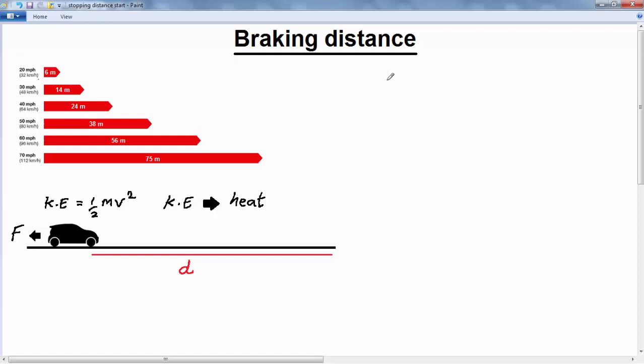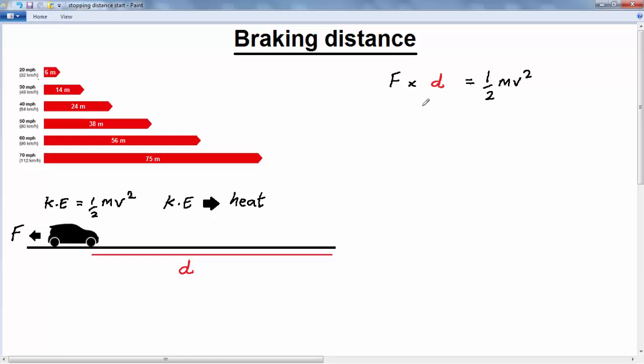You remember that the formula for work is F, the braking force applied, multiplied by d, the distance over which the brakes are applied, which is the stopping distance, and that must be equal to the kinetic energy of the car that we want to transfer into heat. So that's equal to half mv squared.